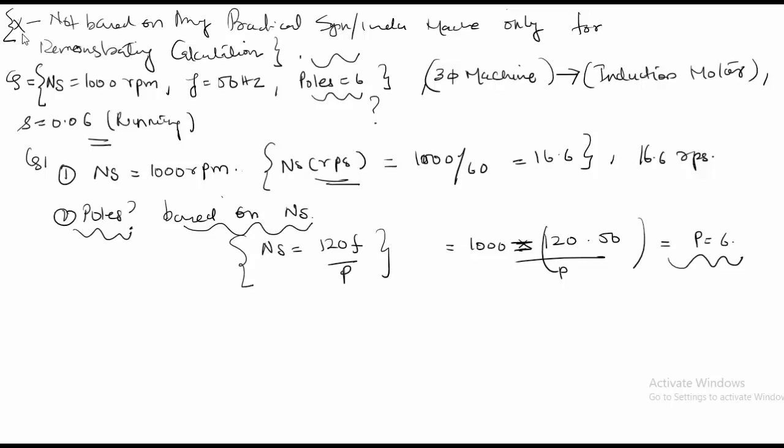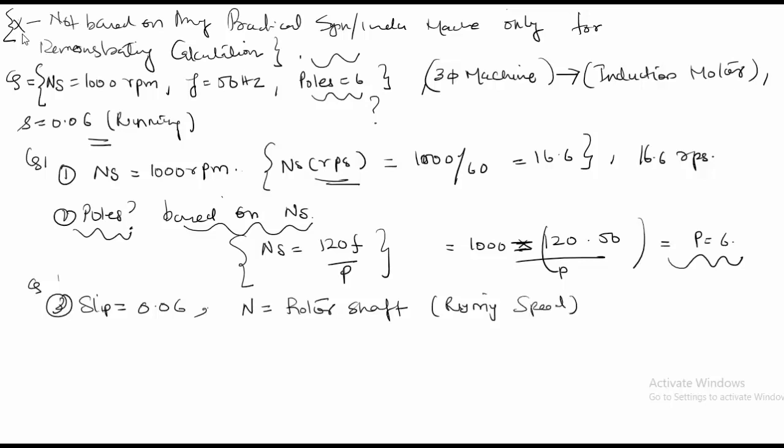And next, this is the third question, and your slip is given as 0.06. Now how will you calculate the speed of the rotor shaft, or the running speed of the machine?